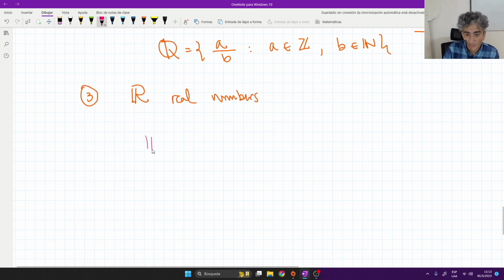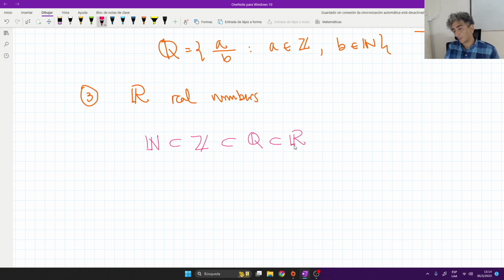We started with natural numbers, then adding the additive inverses and 0, we get the integers, and when we add the multiplicative inverses, we get Q. Okay? So adding now limits of sequences of rational numbers, we get R, the set of real numbers.